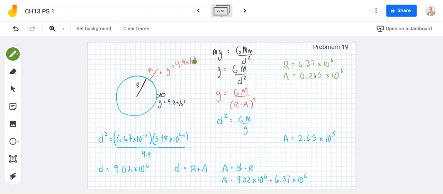I just counted wrong. This is 6th. What this is saying is it's about half. So it's another half of a radius out there. That's what the altitude is.